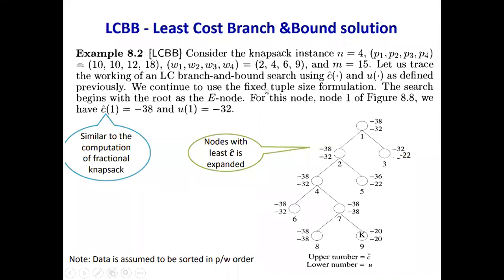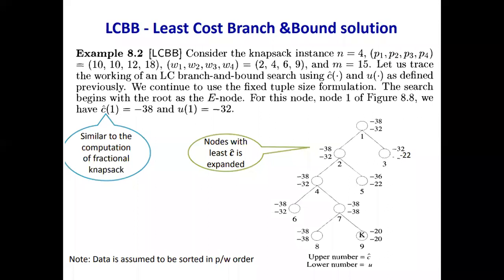The search strategy that uses a cost function to select a particular node, to select the next E node, should always choose the node whose cost is the minimum or whose cost is the least value.